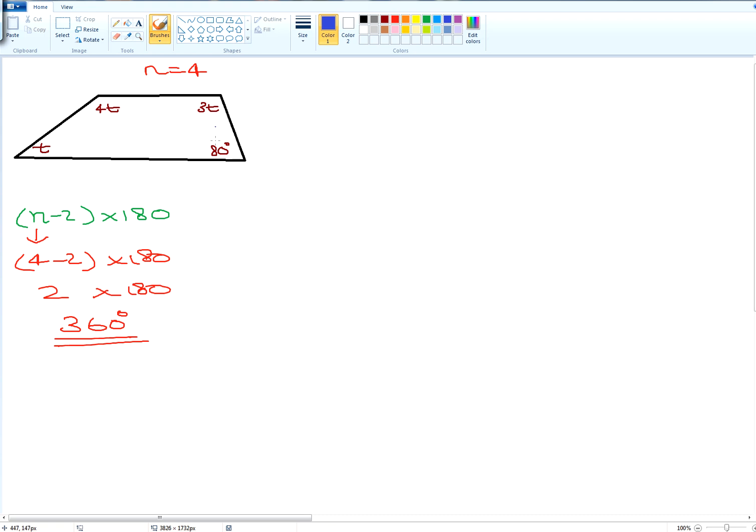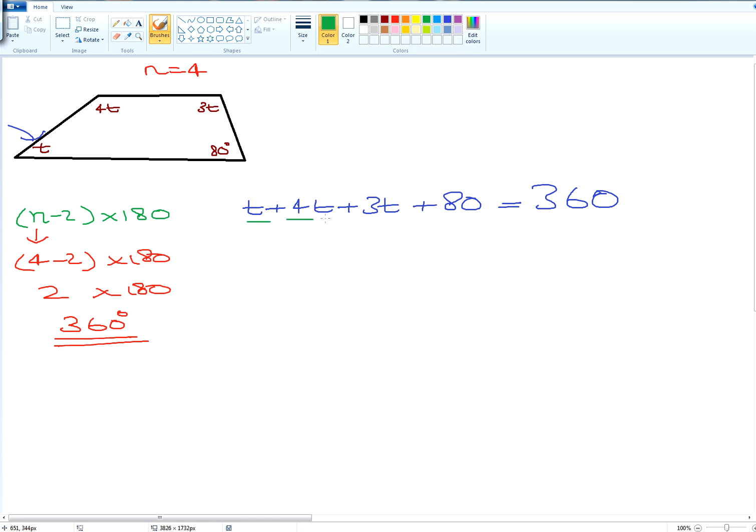We know that all these four angles must add up to 360, so let's form an equation. T add 4T add 3T add 80 is equal to 360.